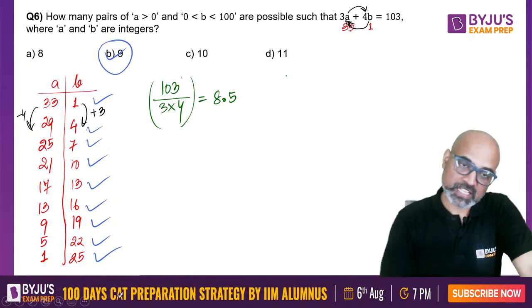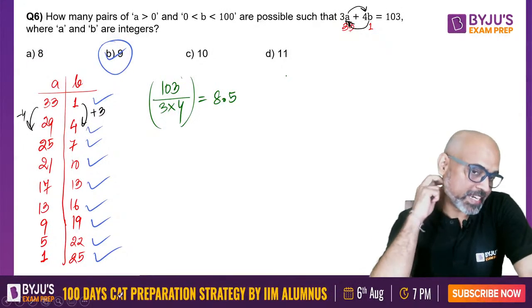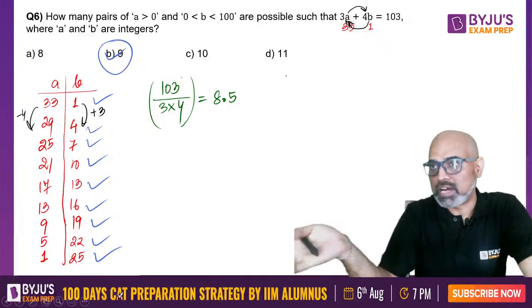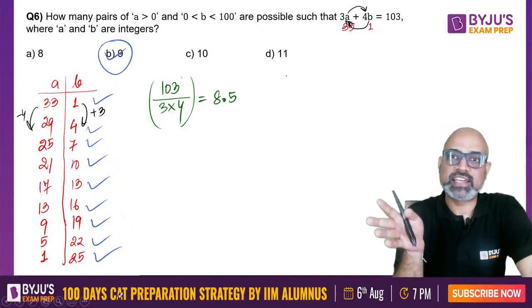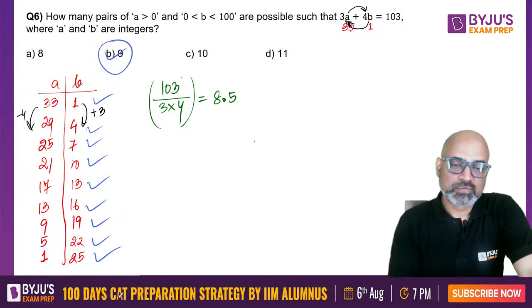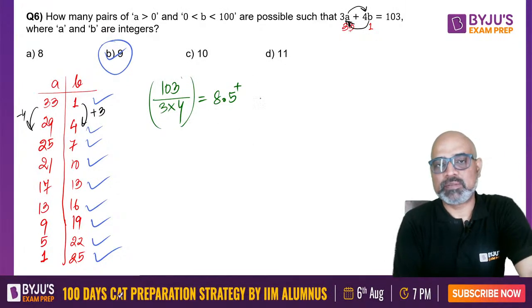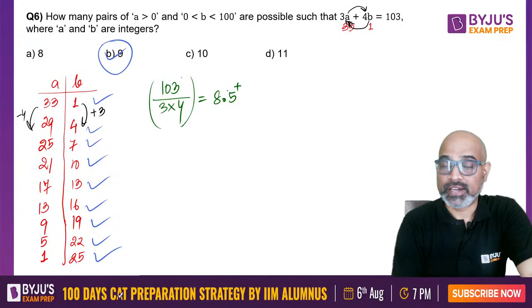103 by 12, is it more than 8.5? Is it less than 8.5? Is it 8.5 plus 5.1, 5.2, 5.3, or is it like 8.48, 4.9, 4.7, something like that? It's more than 8.5. It's going to be 8.58333, right?